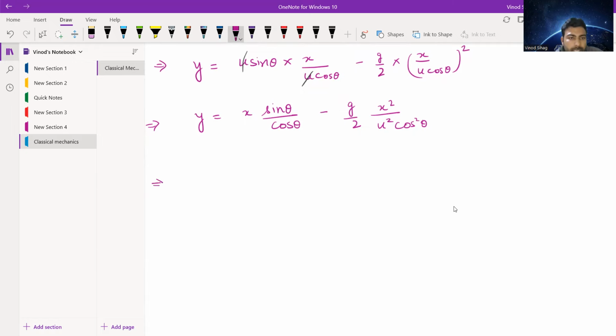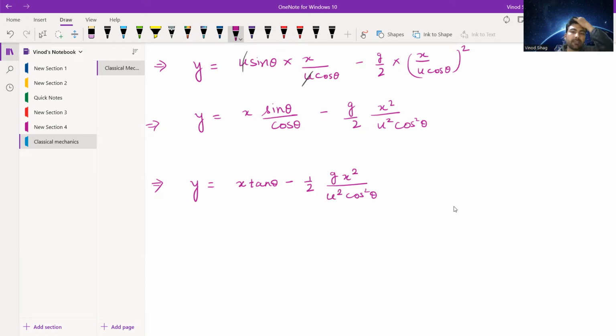So y equals to x into sine theta upon cos theta. As we all know that sine theta upon cos theta is tan theta. So we'll write x into tan theta minus 1 by 2 g x square upon u square cos square theta.